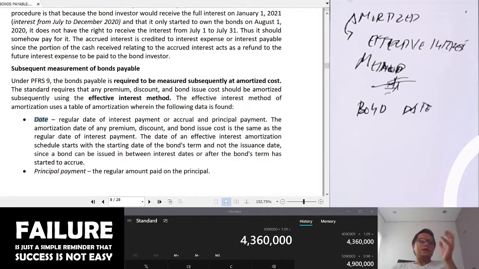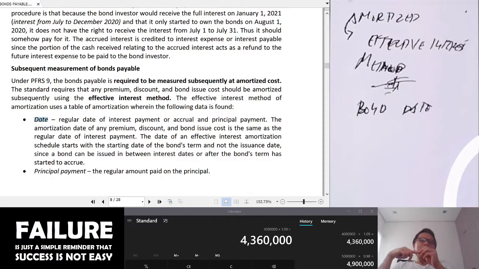Because yun nga, again, there are certain issuances after the date of the bond. Diba? That's what we have previously discussed. So the effective interest amortization schedule should start with the bond date or date of the bond. Not the issuance date.